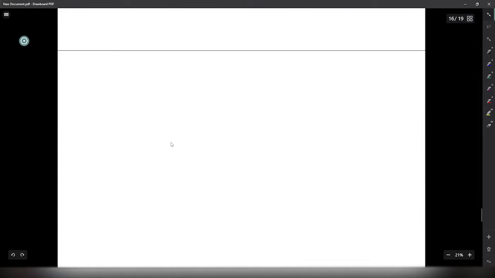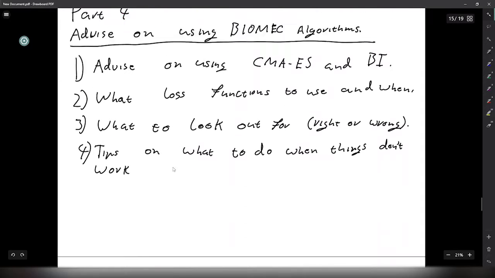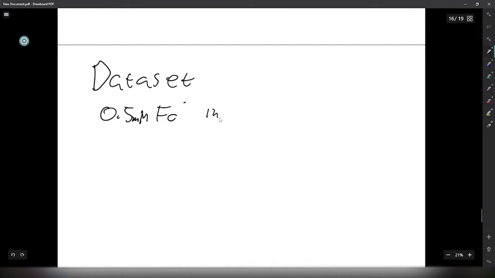So the first thing we're doing is advising on using CMA-ES and Bayesian Inference. First thing is, do it a couple of times. So if you have a data set of, let's say, 0.5 millimolar ferrocene in acetonitrile, this is a very fast system.